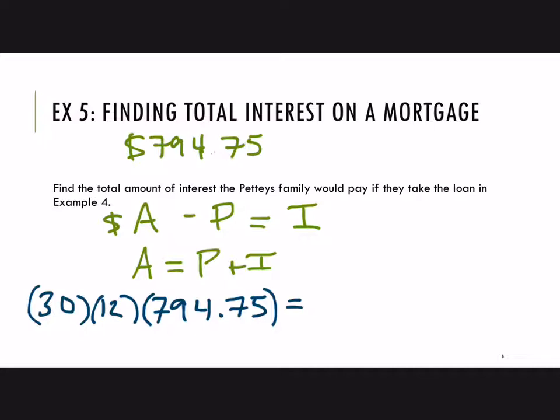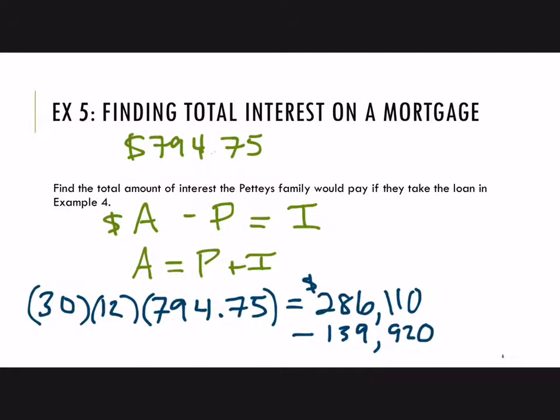And that gives $286,110. Now if we subtract the principal of the mortgage, whatever's left over would be the amount that they paid towards interest and not towards the principal. So we want to subtract $139,920.